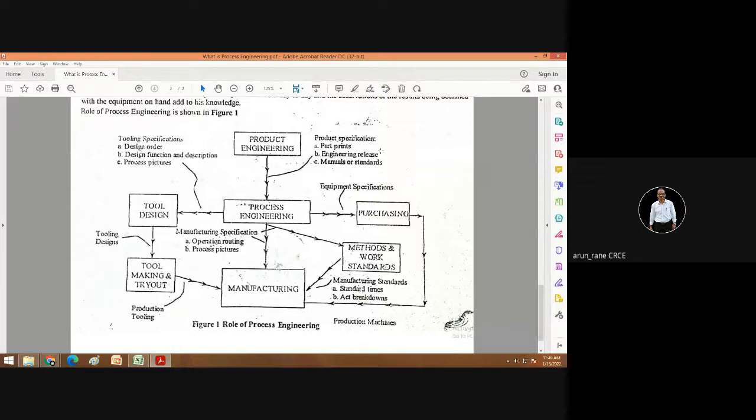Not only ISI, there are other international standards like DIN. That is the German standard. ASTM, American Society for Testing Materials. That is the USA standard.